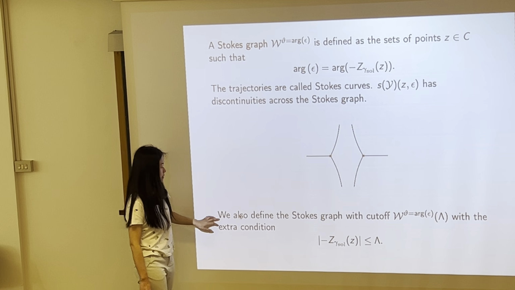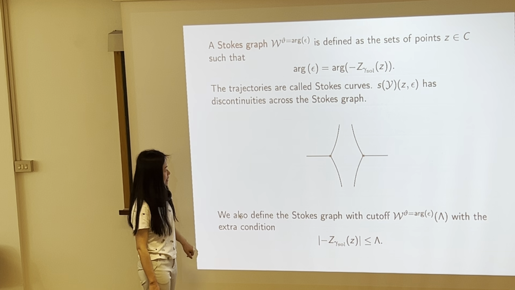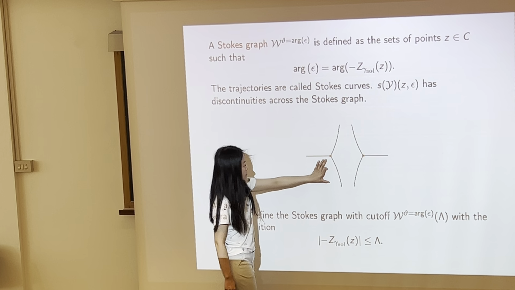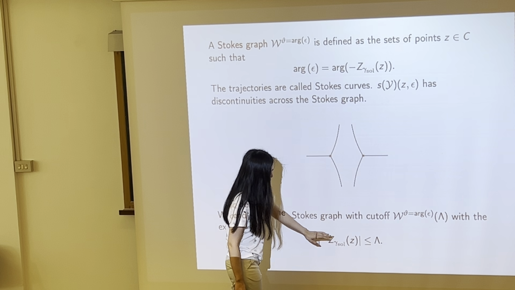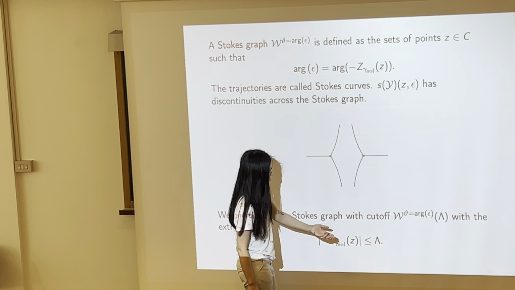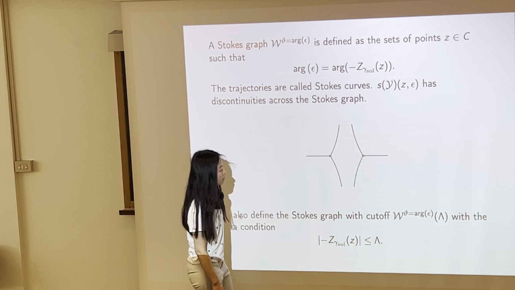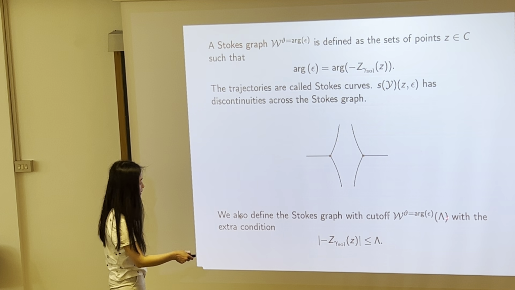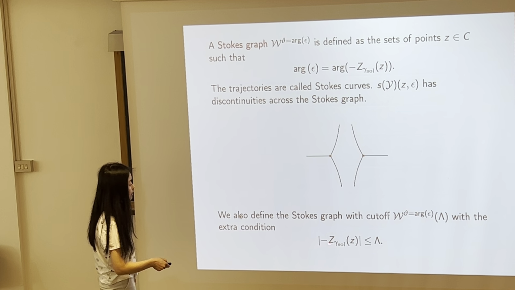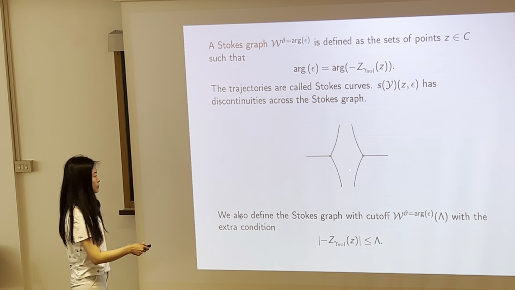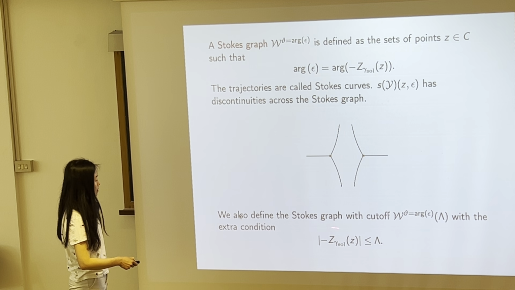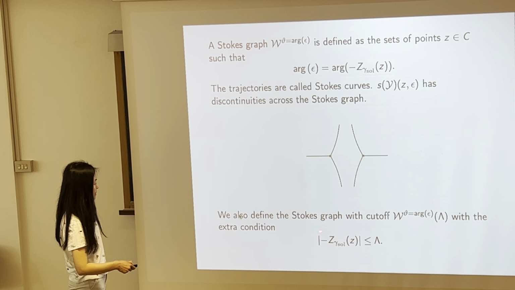Or in other words, there's an intuitive way to check this statement, which is that we can also say something about the length of the Stokes curve, where we define a cutoff version of the Stokes curve by this cutoff energy lambda. And here we require that when we form those Stokes curves, it satisfies some condition on the absolute value of the soliton central charge.